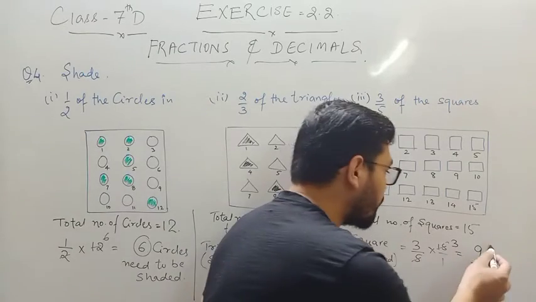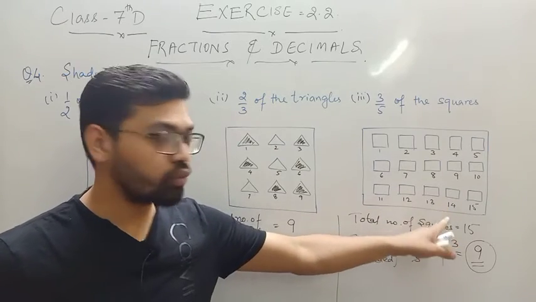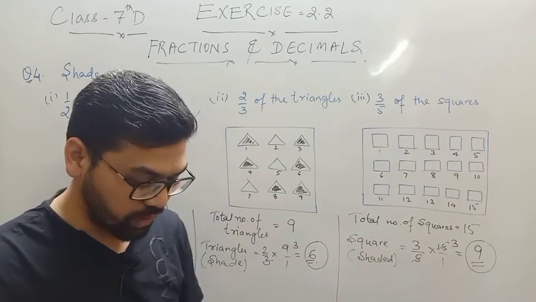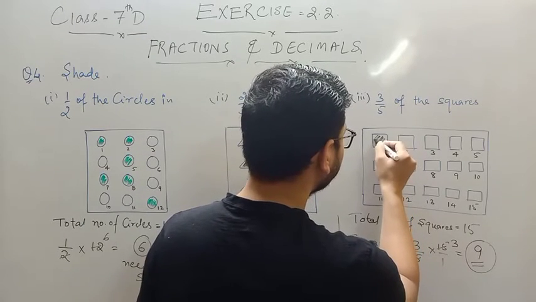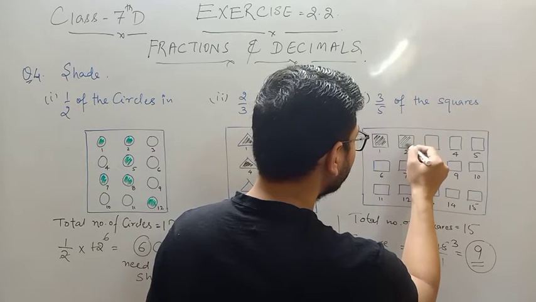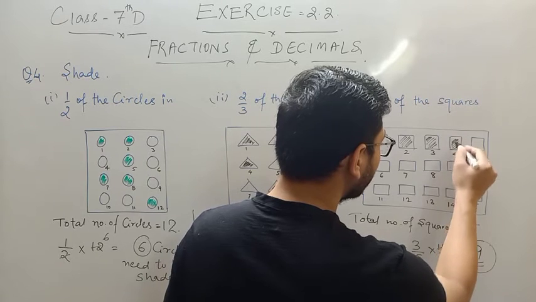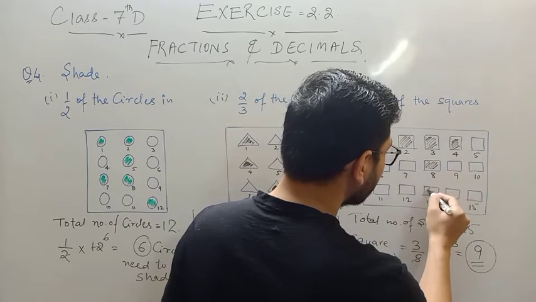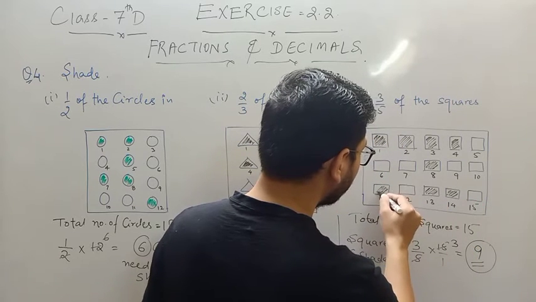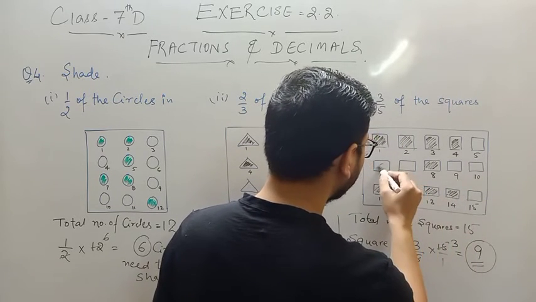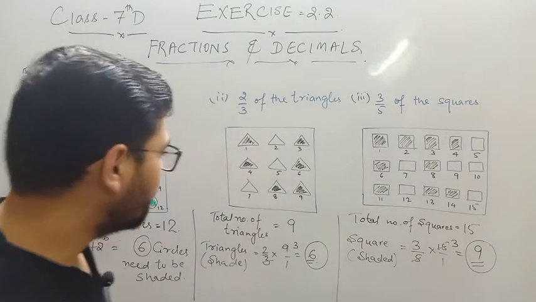So out of these 15 squares I need to shade 9 squares, right? So you can shade like this: 1, 2, 3, 4, 5, 6, 7, 8 and 9. So randomly you can choose any 9 squares out of 15.